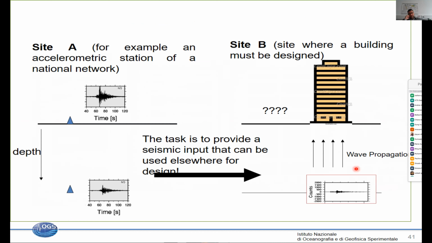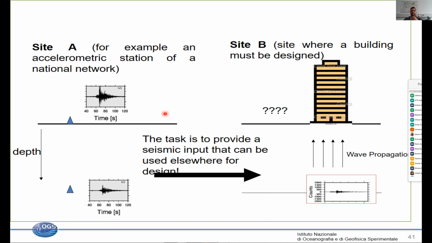And generally, why is this important? It's important because one of the tasks that we can have is to make some dynamic analysis of a building. So we need to know what shaking we can expect below a certain structure whose behavior we would like to simulate.